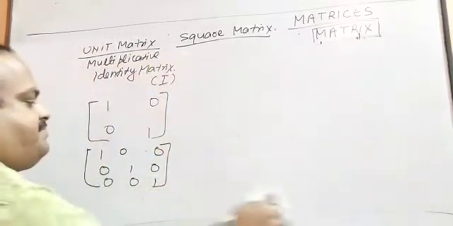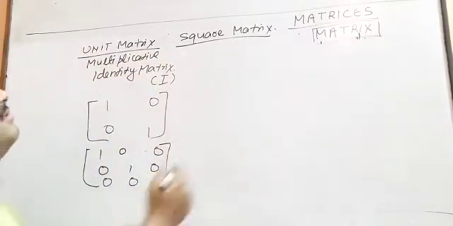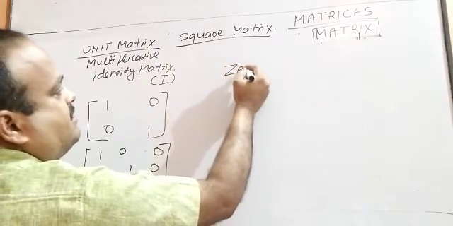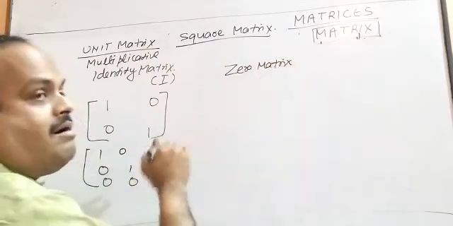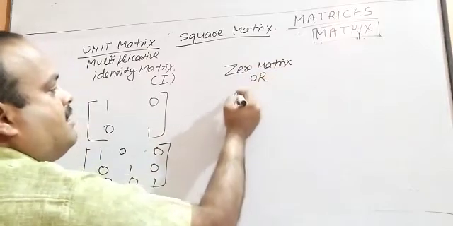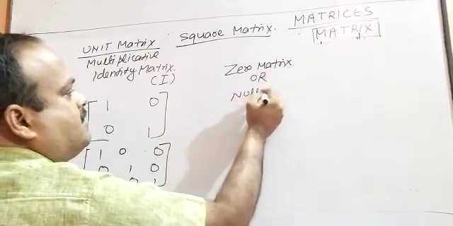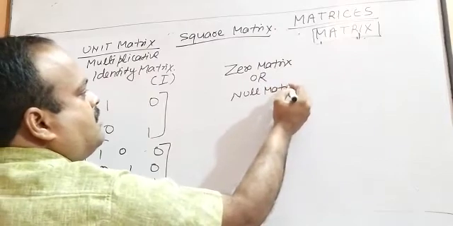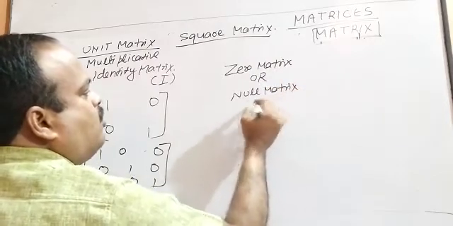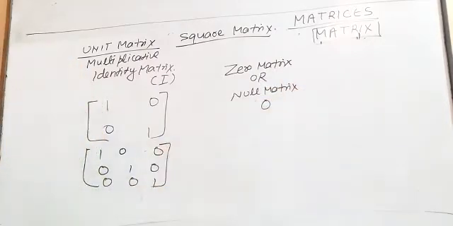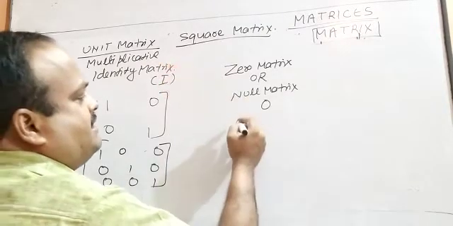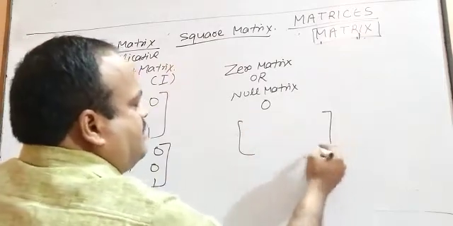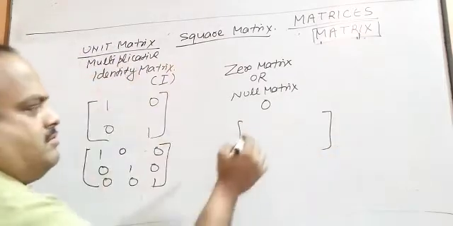Another example, 0 matrix or null matrix. The symbol is O, capital O. A matrix in which every element is 0.